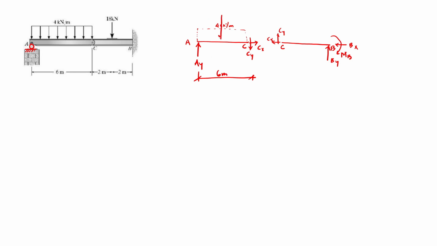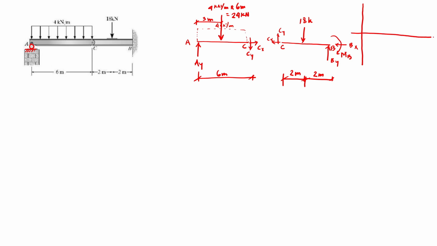So we can apply an equivalent point load: 4 kilonewton per meter times 6 meter, which is equal to 24 kilonewtons at a distance of 6 meter divided by 2, which is 3 meters from point A. Similarly, there is another point load of 18 kilonewtons, which is at 2 meters from point B and from point C.